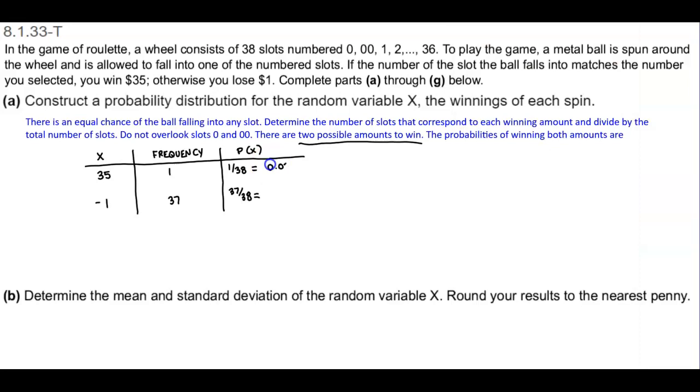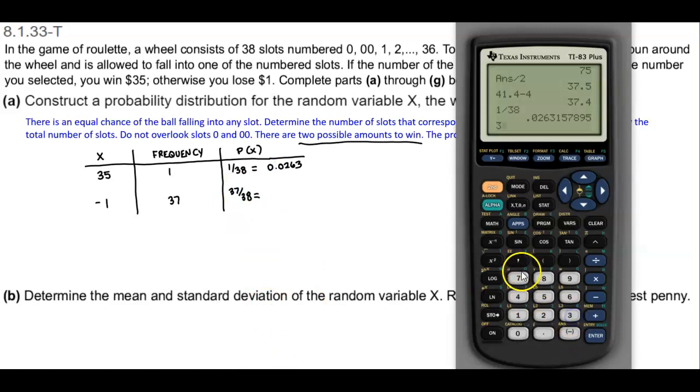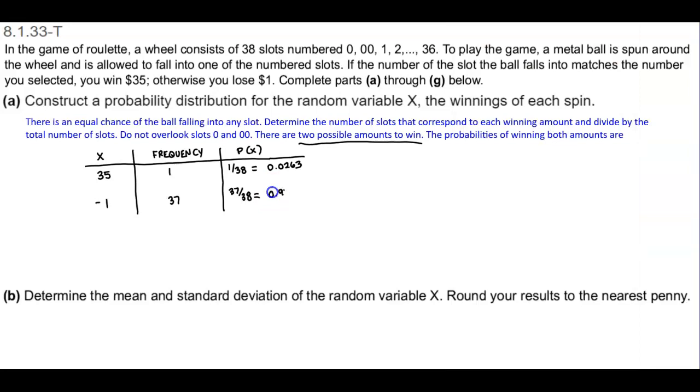0.0263. And then if we take 37 and divide that by 38, rounding it to 4 decimal places, that gives us 0.9737. So let's take a look at this right now. You get one chance of winning out of 38.